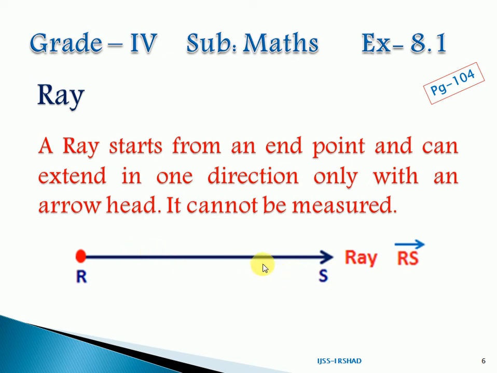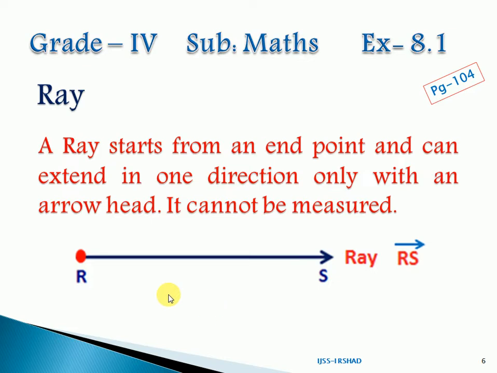It can be extended in one direction as shown here, and the symbol for ray is like this, RS. You can write it, and on top you can draw an arrow with one end point and the other an arrowhead, the non-ending point.